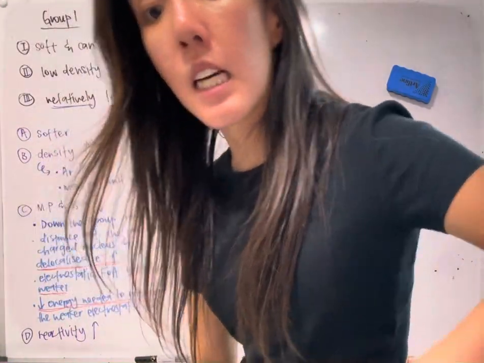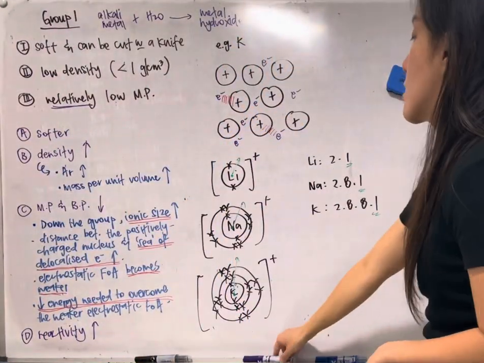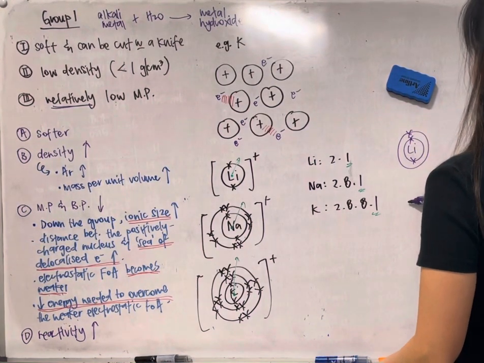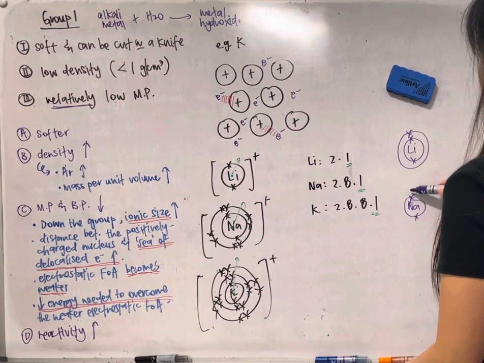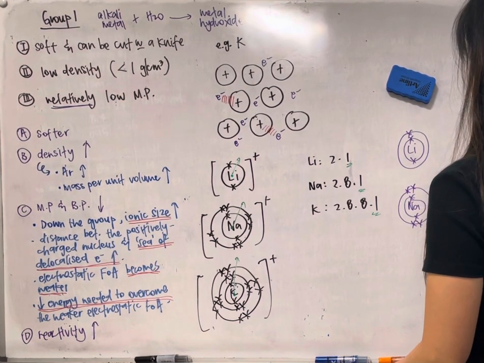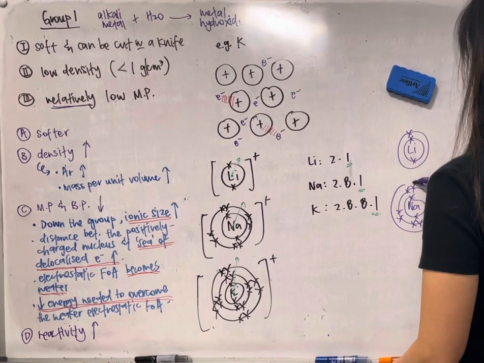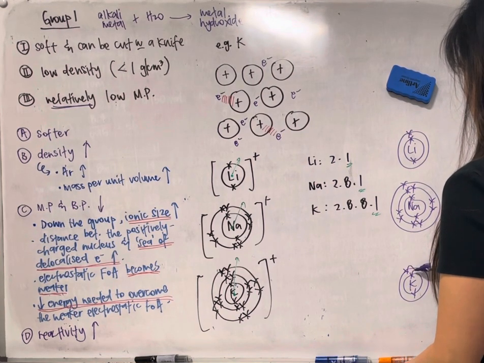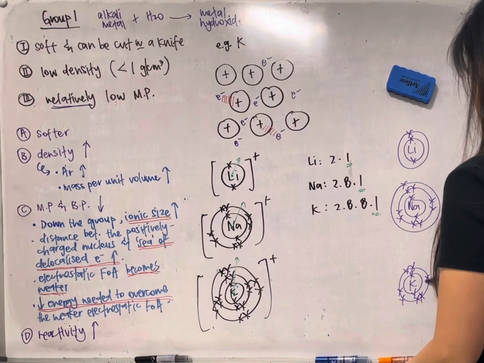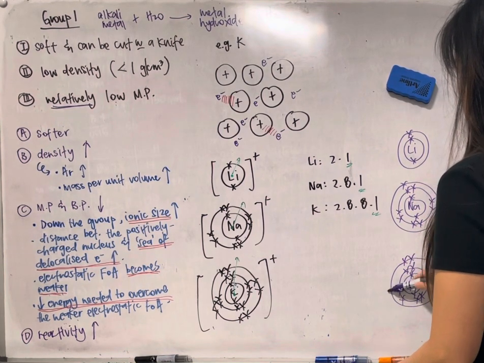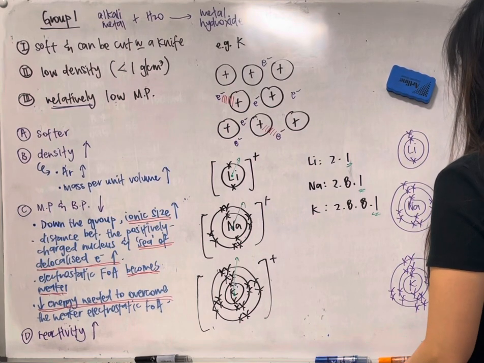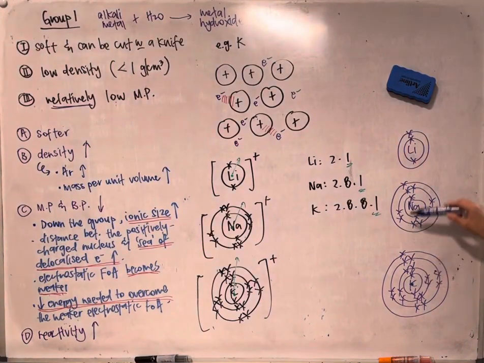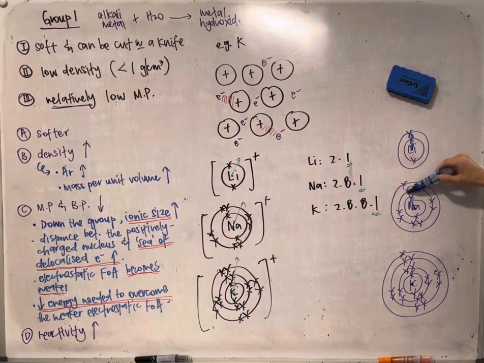So does it make sense? If I really need to draw it out, it will be something like this. Your lithium will look like this. Your sodium has an additional electron shell. Your potassium is even further away. To lose the valence electron, between your valence electron shell and the positively charged nucleus, as you go down, what happens to the distance?